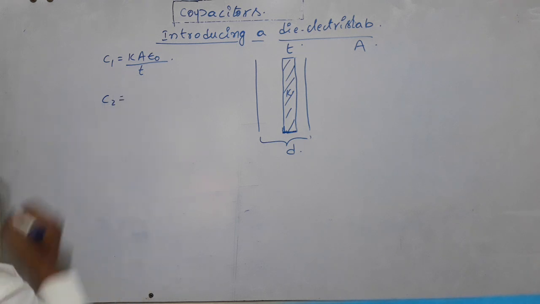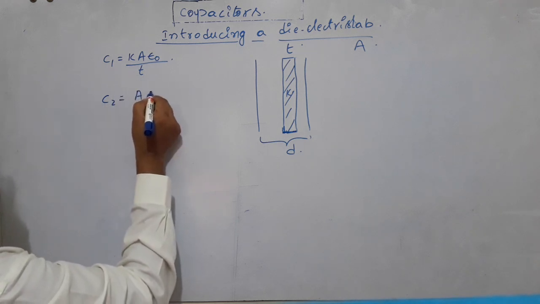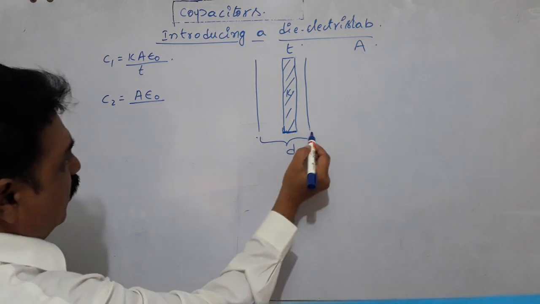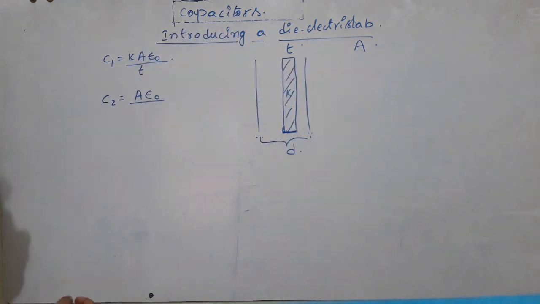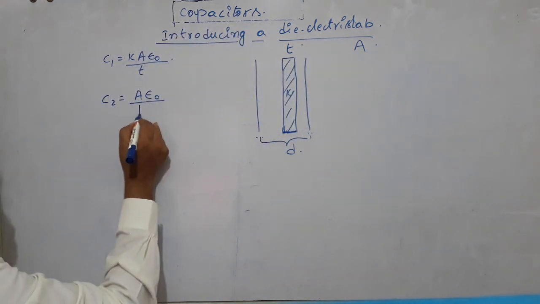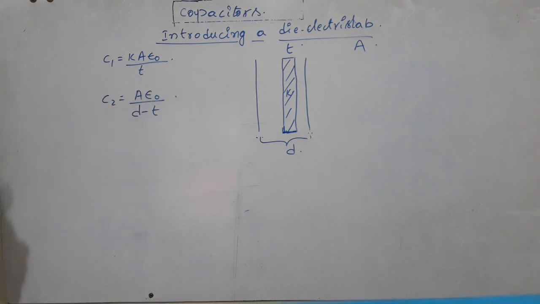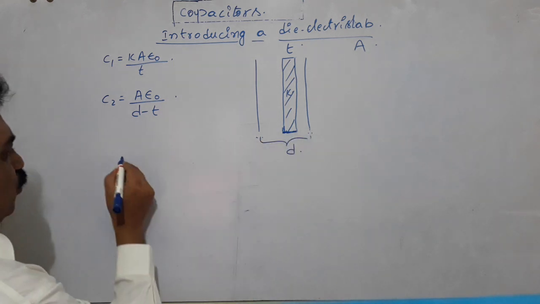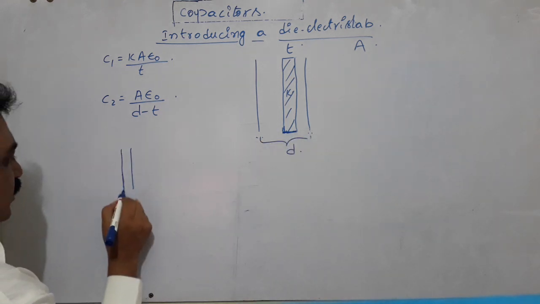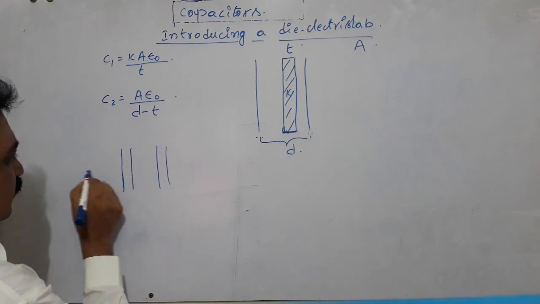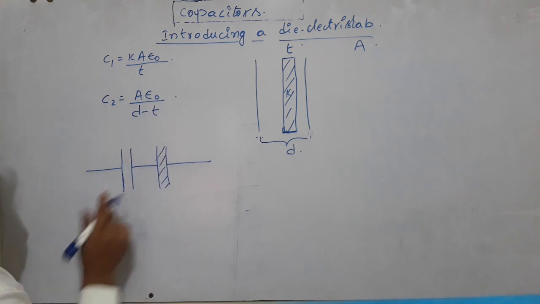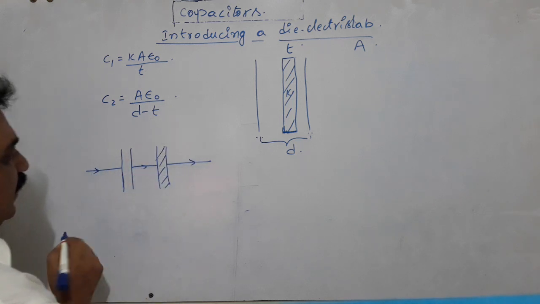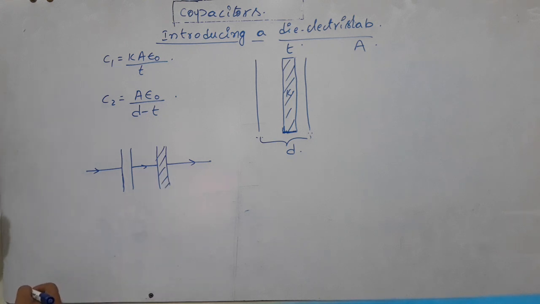That air capacitor C2 is equal to A epsilon naught by, this is the overall separation between the plates, out of this t is to be neglected. d minus t is the effective distance between the air capacitor plates. See, these two capacitors are just connected like this, that means they will be in the same path. That means this combination is a series combination.